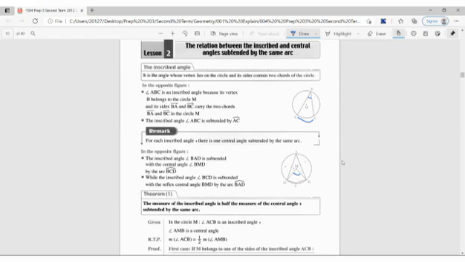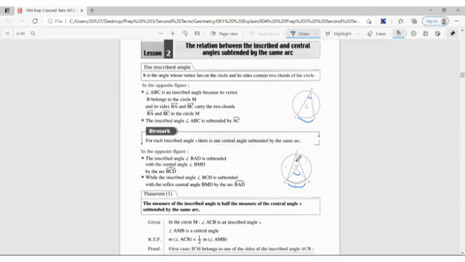And in the other figure, measure angle BMD, which is the central angle, is subtended by the arc DB. So the arc DB is the opposite arc to the angle DMB, which is the central angle.